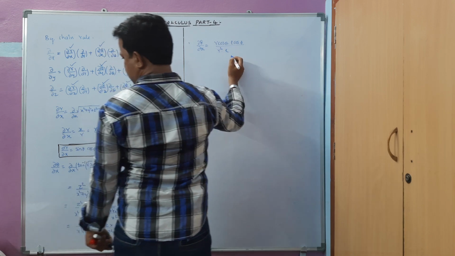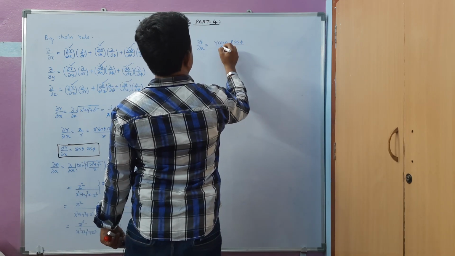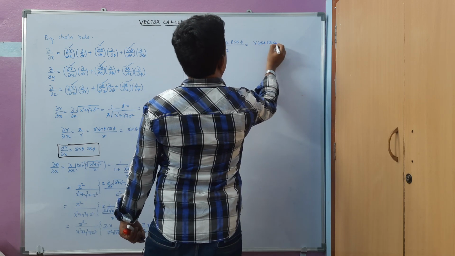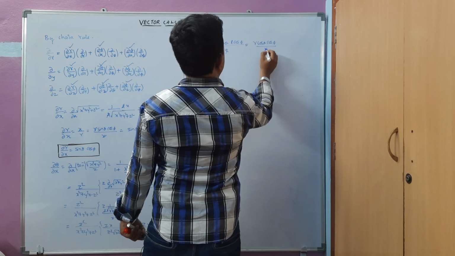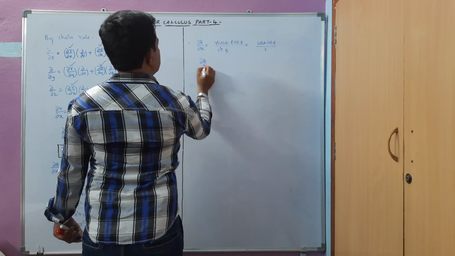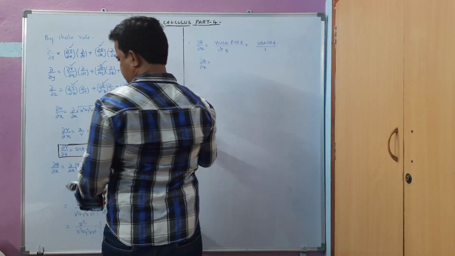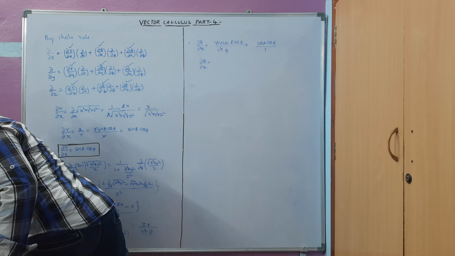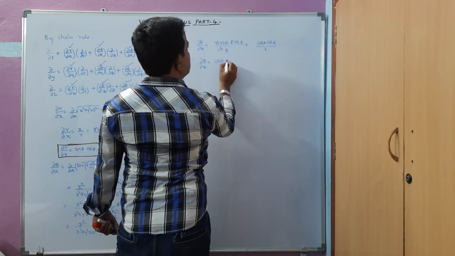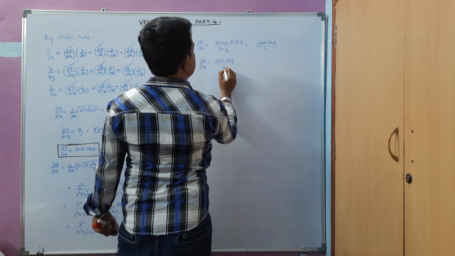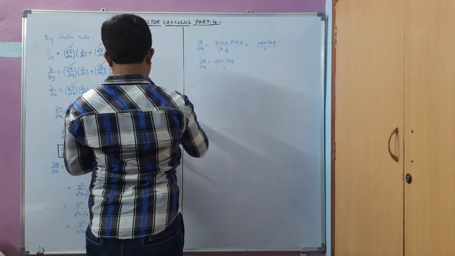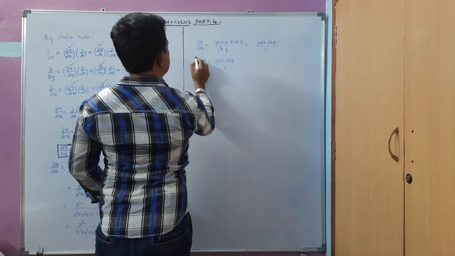The cancellation works out like this: rho is cancelled, and one r is cancelled. So ∂θ/∂x will be cos theta cos phi by r. Let us keep this in a square box so that we can recall it.